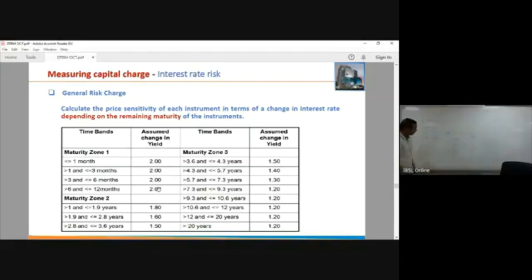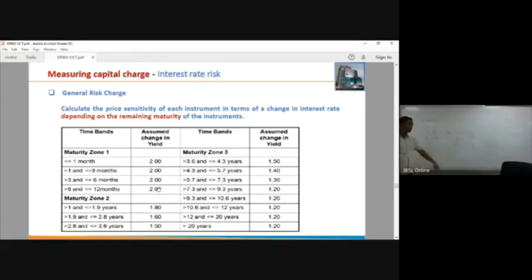So your capital charge for general risk is 95 minus 90, 5 rupees. Okay, it's clear now. So the only thing that changes is your yield rate.